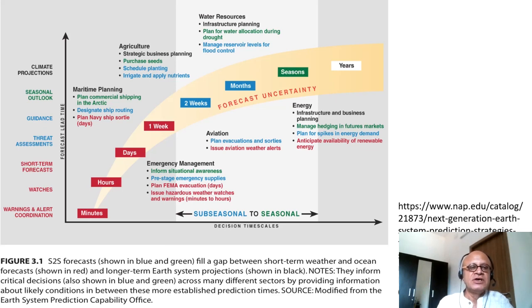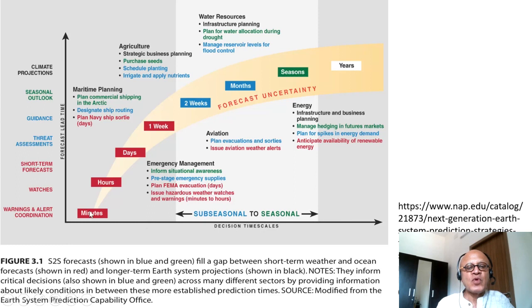subsequent chapters. We looked at this already once from the Earth System Prediction Capability Office of NOAA, and this shows time scales here, essentially forecast lead time going from warnings, alert coordination, watches, and out to climate projections. And on this scale we have decision time scales, so it's kind of a mapping of the forecasts.